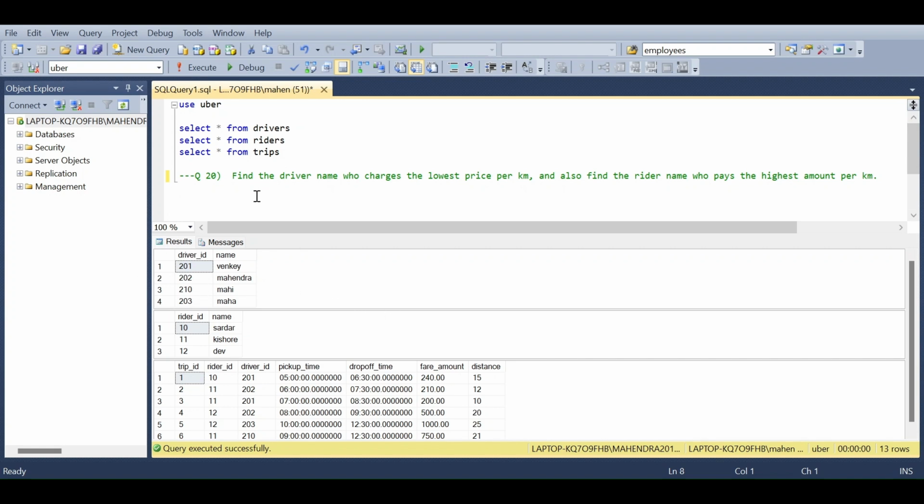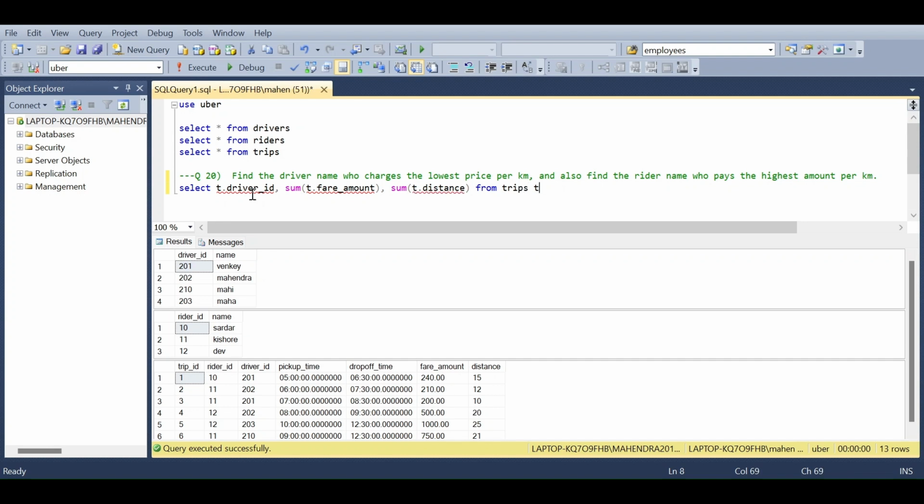Now I'm going to extract the driver ID from trips, and we need to find the total amount charged. So we will take the sum of t dot fare amount, and the sum of the total distance that a driver drove, sum of t dot distance, from the trips table.